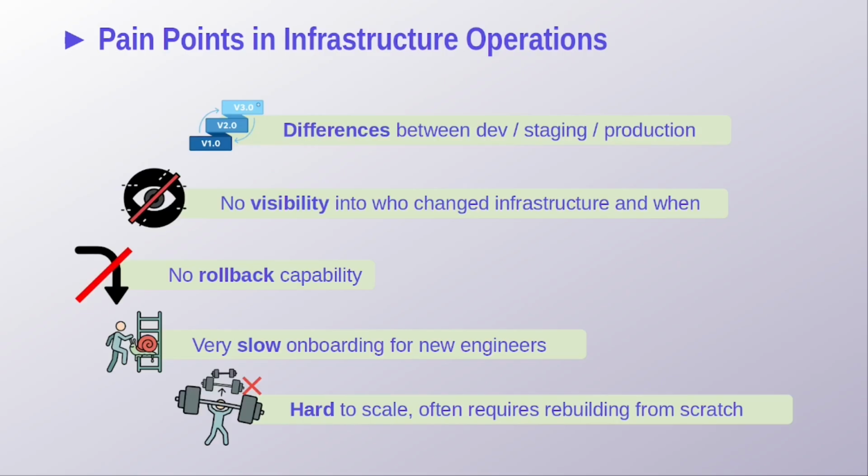Code follows software rules. That means version control, code review, automation, CI/CD pipeline. Infrastructure as code turns infrastructure into a first-class citizen of the software development life cycle.